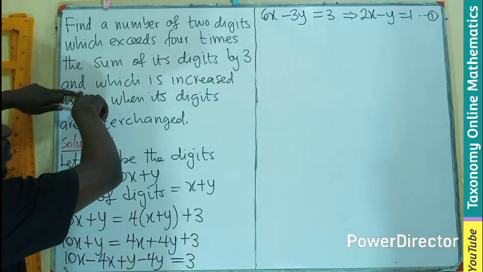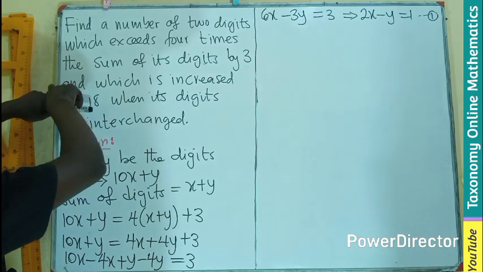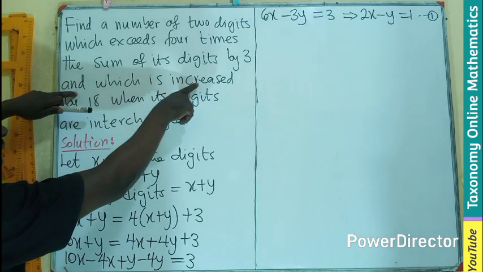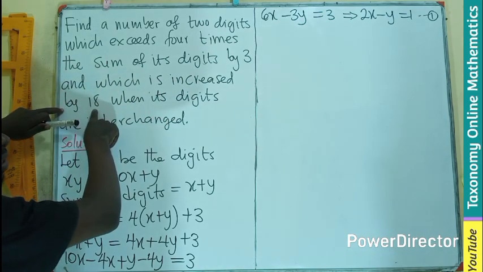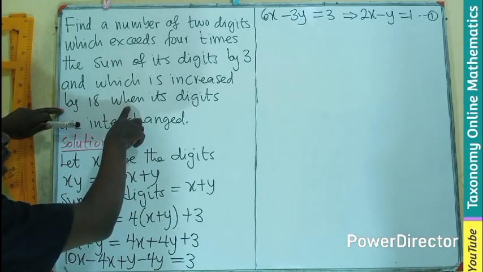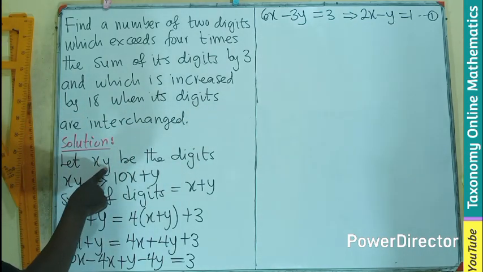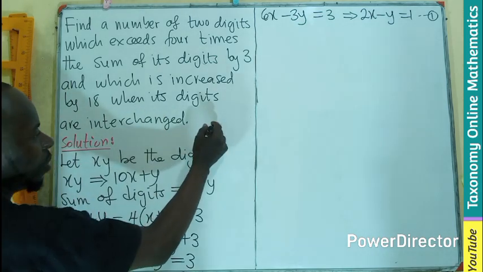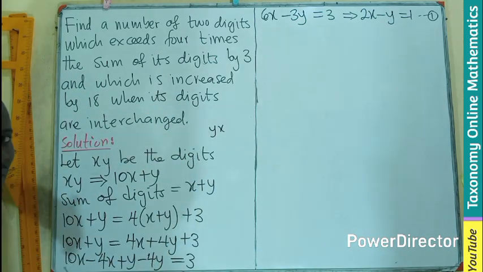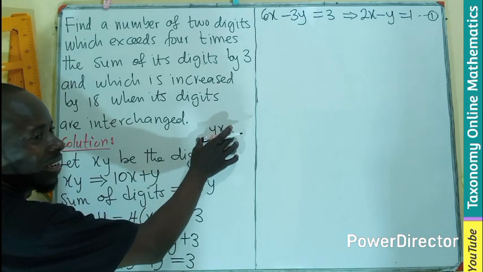Now the next statement: find a number of two digits which is increased by 18 when each digit is interchanged. To increase this number by 18 is to add 18 to it. When the digits are interchanged, the y comes first before the x. So if I have yx, that's the change of digits.